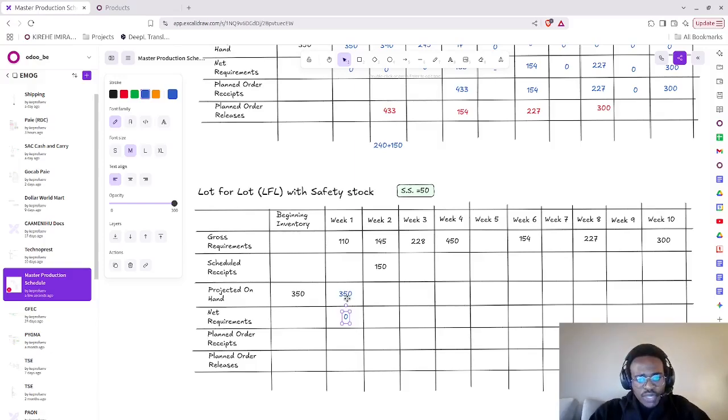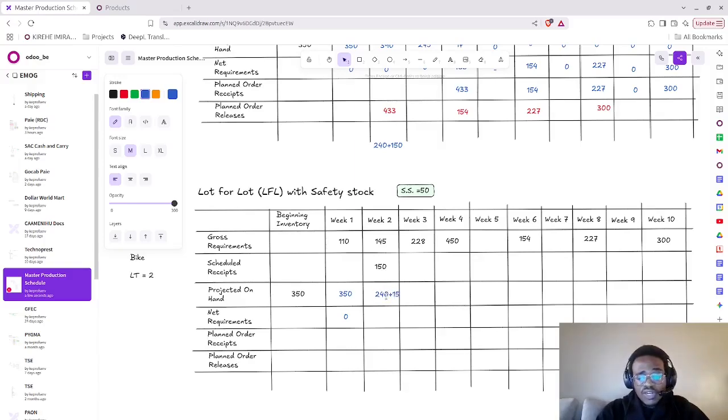So if we have 350 bicycles and you supplied 110, what's left? We are left with 240 bicycles on hand. That's quick math. Now I have 240, but we have a scheduled receipt of 150 in week 2. So what do I end up with?